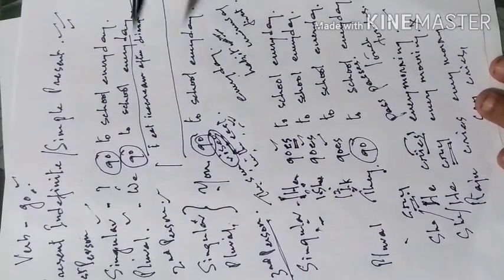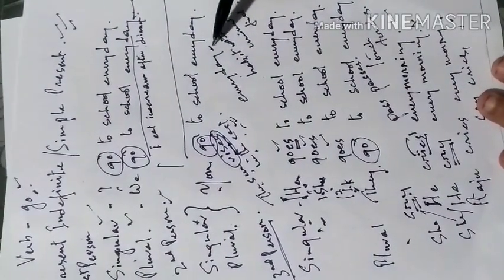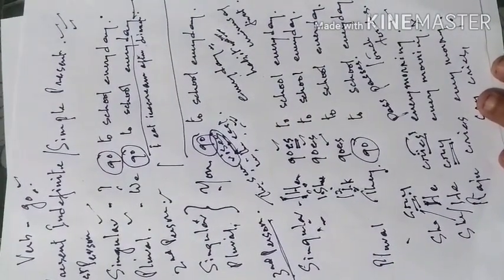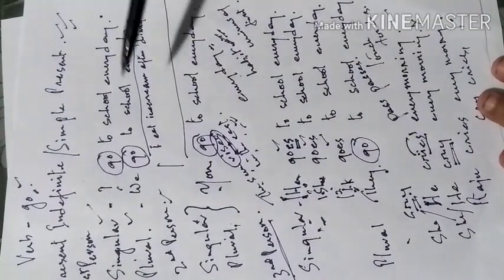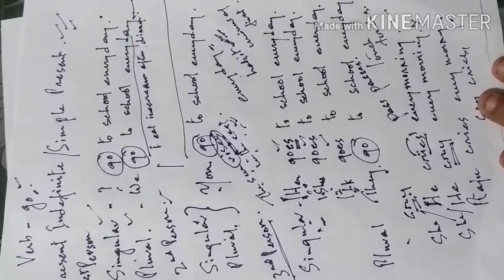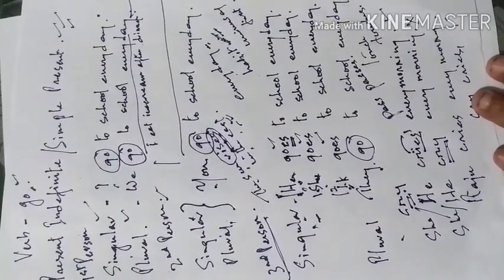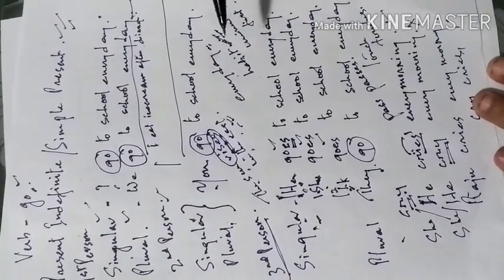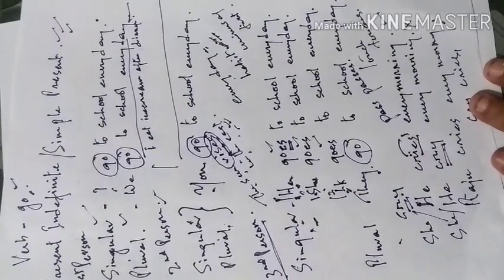Then this one, I go to school every day. This is something which I do all the time. So present indefinite or simple present is used to express the things that we normally do every day or all the time, and our habits, truths, and universal facts.